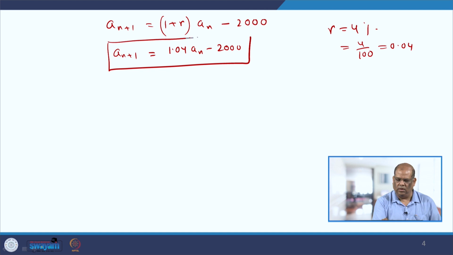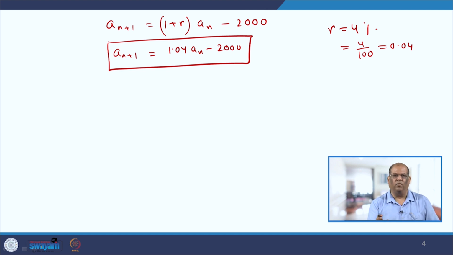So, this is the model which you get for this particular scenario. Now, to get the initial deposit, you are withdrawing 2,000 every year, and if there is no change from one generation to another, that is from one year to another, then what you get is the equilibrium solution.